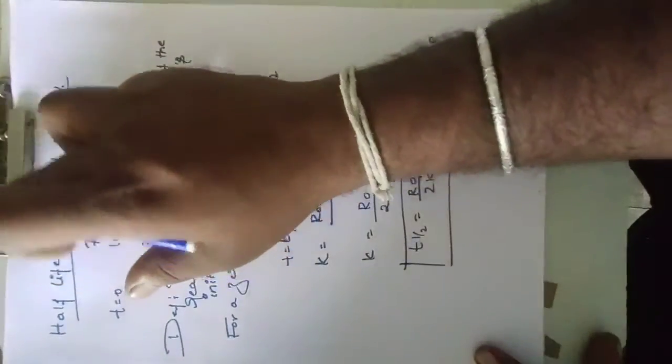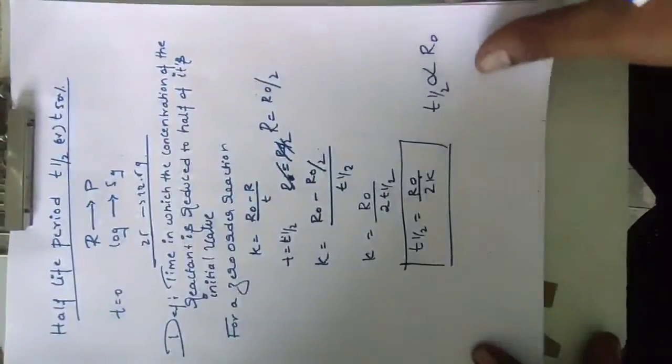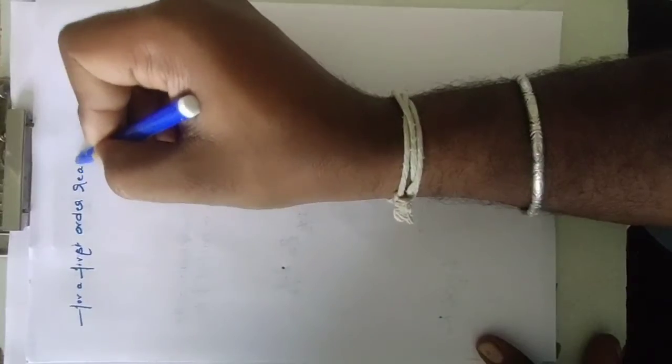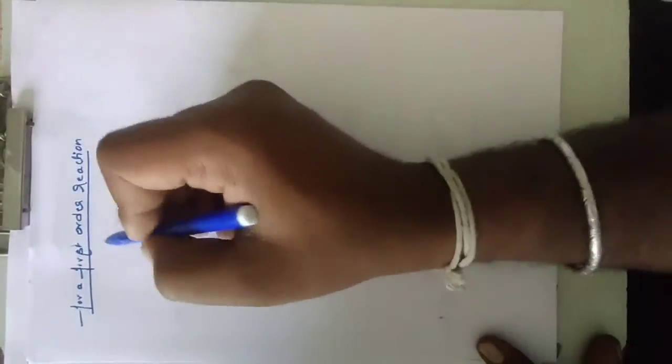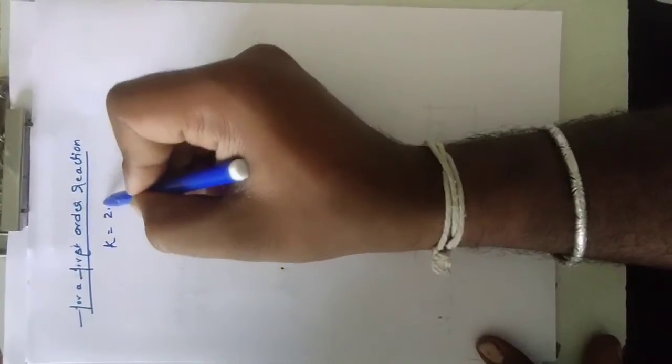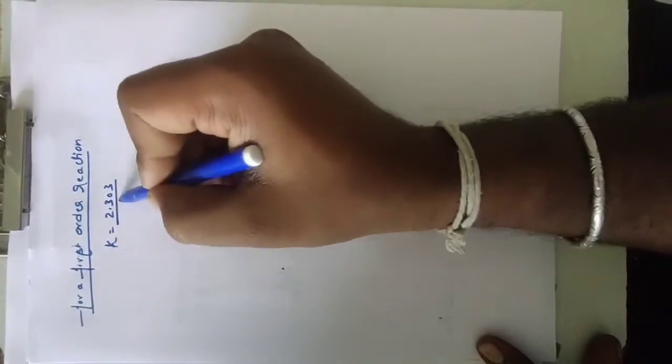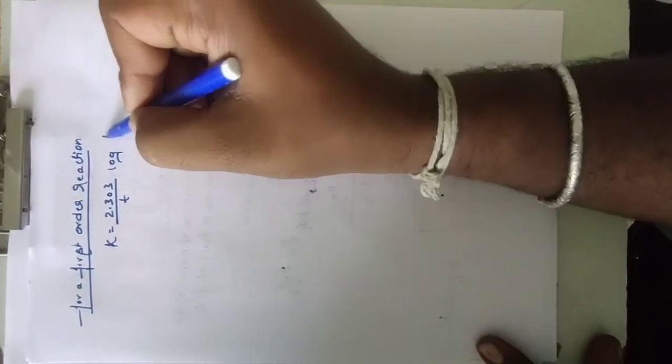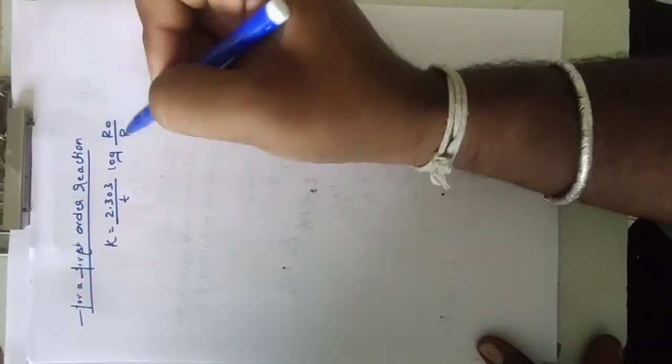When we come to the first order reaction, we have k = 2.303 by t log r naught by r.